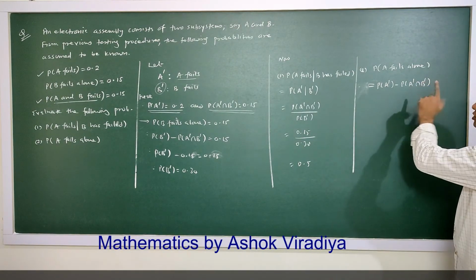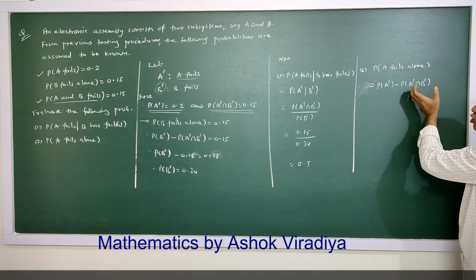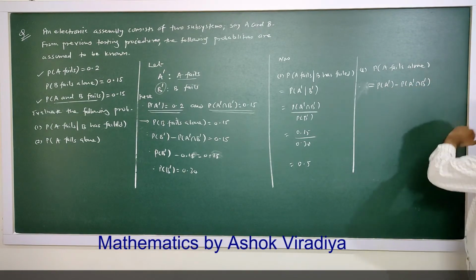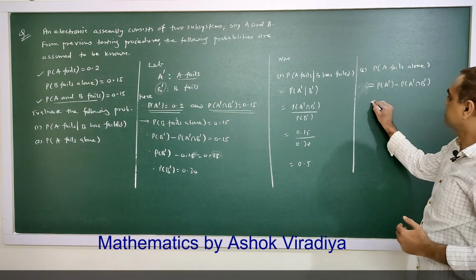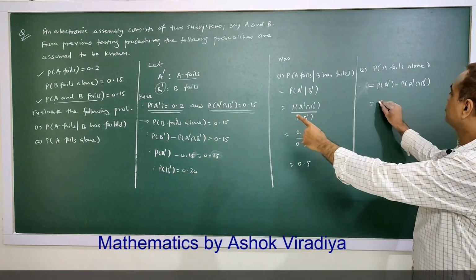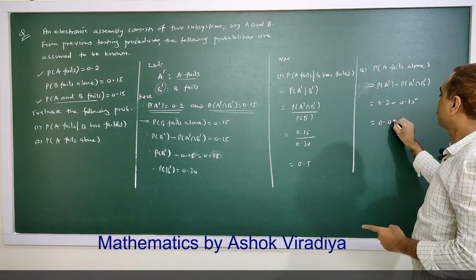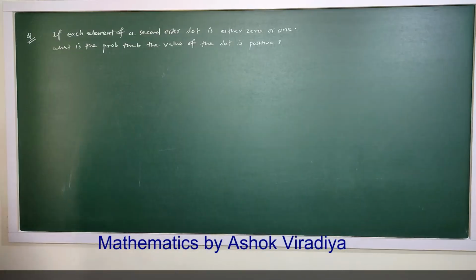A fails alone, so A dash means A fails, minus both fail. So the common failures are removed. So probability of A dash is 0.2 minus 0.15, so 0.05.